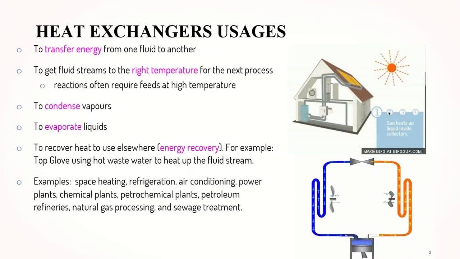Now, there are several usages of heat exchangers. The first one is to transfer energy from one fluid to another, and also to get the fluid stream to the right temperature for the next process.